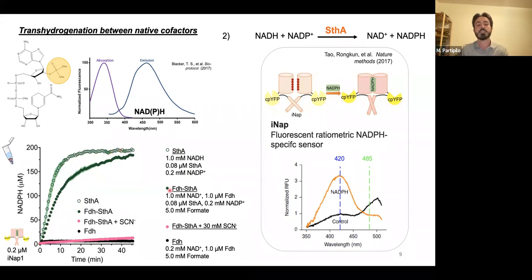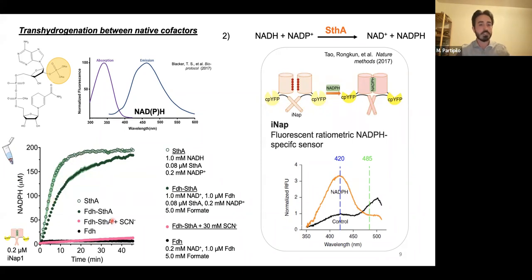We also managed to observe the coupling of the two reactions. So starting from formate, we first reduced NAD+, and then this NADH that was formed was oxidized in favor of the reduction of NADP+ to NADPH. And as you can see from the full green circles, the rate of this transhydrogenation, the coupled one, is clearly lower than the transhydrogenase alone.